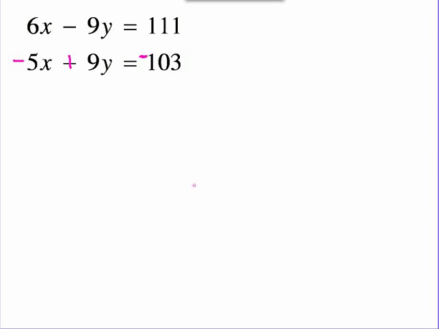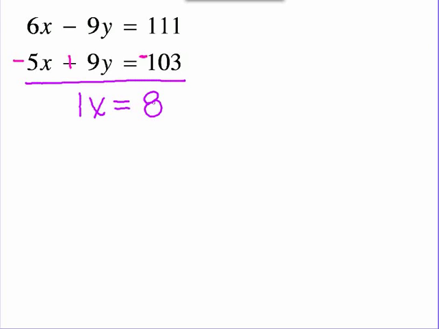Now you can do that if you switch each and every sign. Now what happens when I add them together is, what happens to the y's? They disappear. What am I left with for the x's? 1x equals, try again. 8. 8, there we go. And so now, actually, I don't even need to divide by 1. x equals 8.